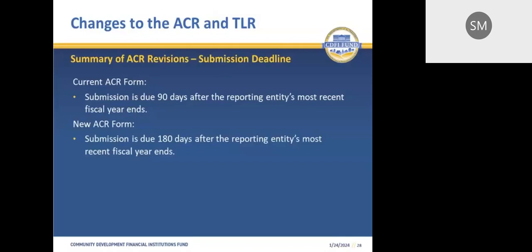Because the TLR is now a requirement of the ACR submission, we have lengthened the ACR submission deadline to 180 days, roughly 6 months, after a certified CDFI's most recent fiscal year end in order to align with the TLR deadline. Turning back to our December 31st, 2023 fiscal year end example, the new ACR would then be due on June 30th, 2024.